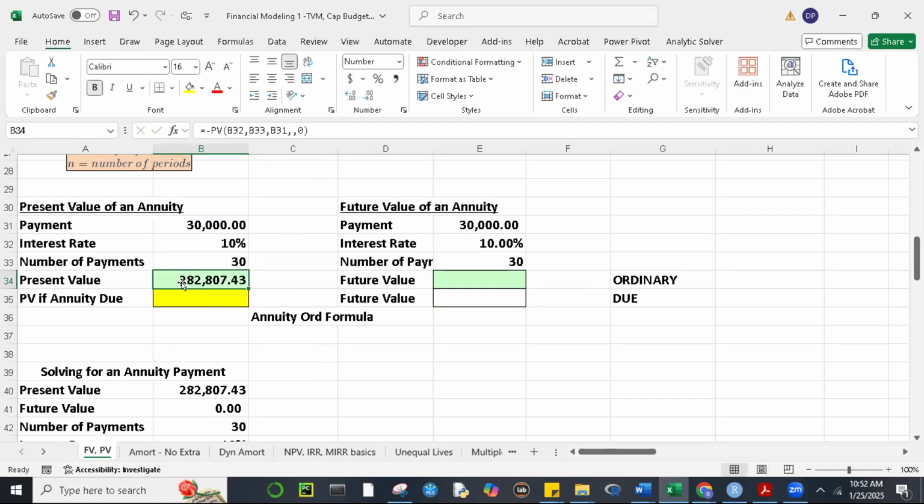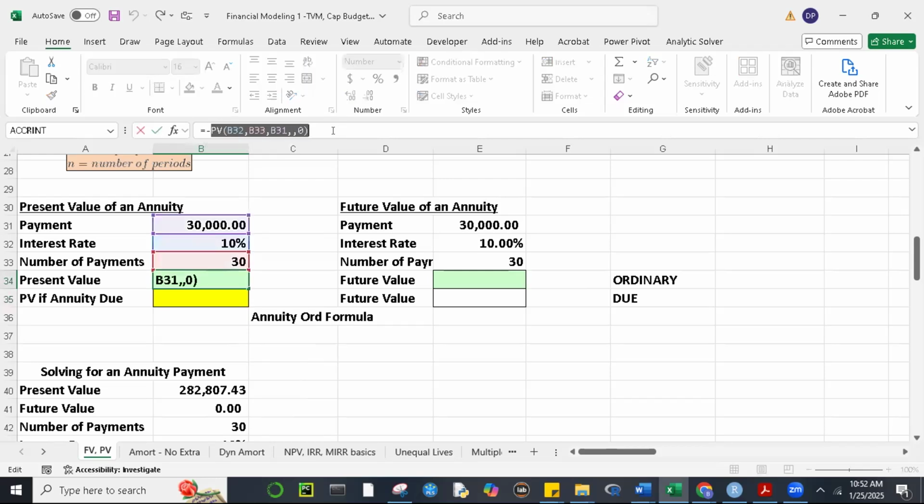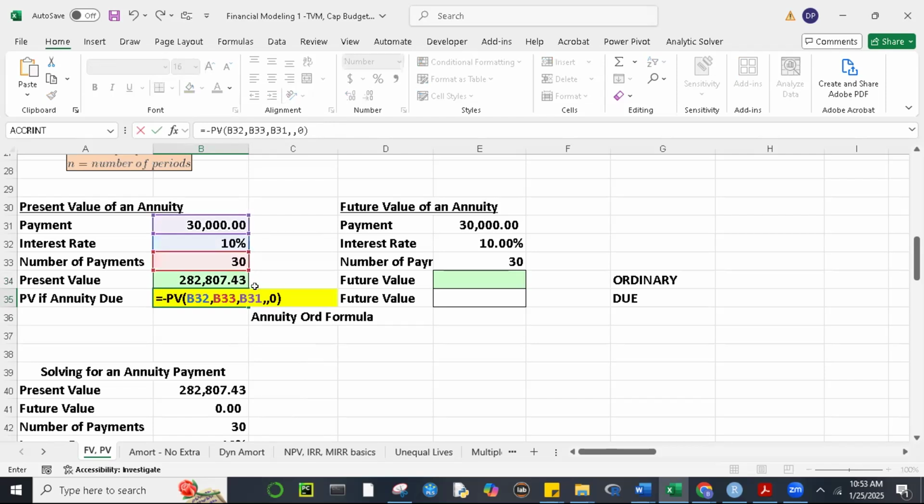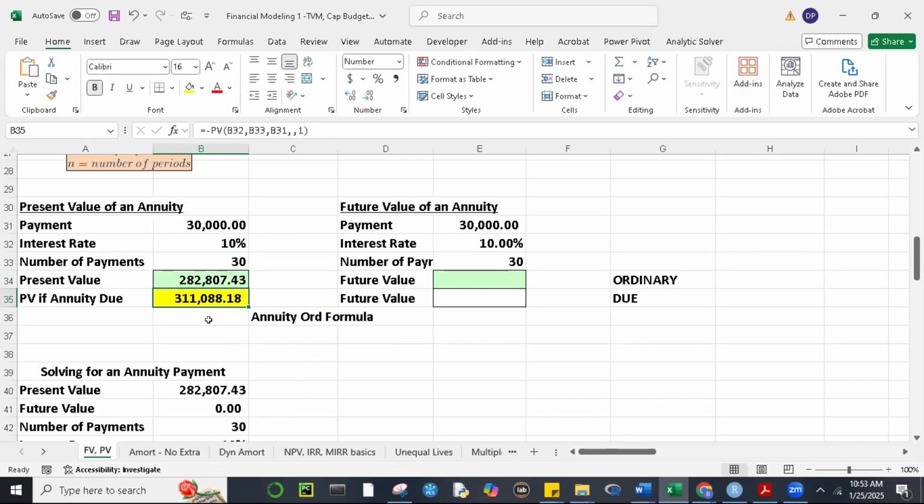Control Enter. Okay, got it. We can just copy this, Control C. The only difference is that this is a 1. Enter. There you go.